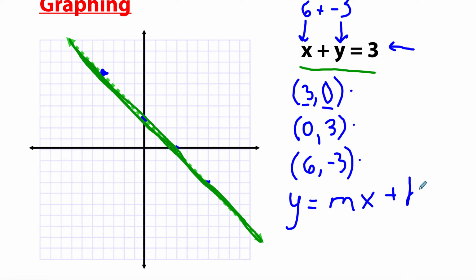And it's important to remember here that x and y are those points. What x and y represent here, even in this slope-intercept form, are all of the different points that will make this equation true. Remember, m is the slope, which is rise over run.